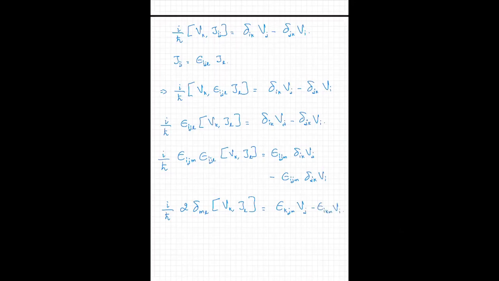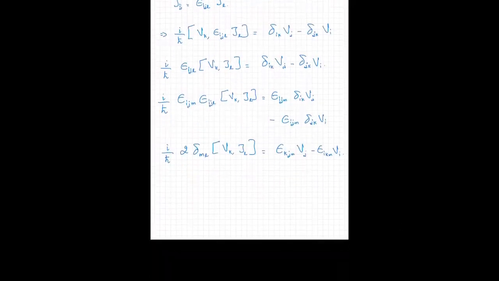And if you clear this up, which is in just two steps, you will actually get the beautiful relation [J_i, V_j] equals i h bar epsilon_ijk V_k.